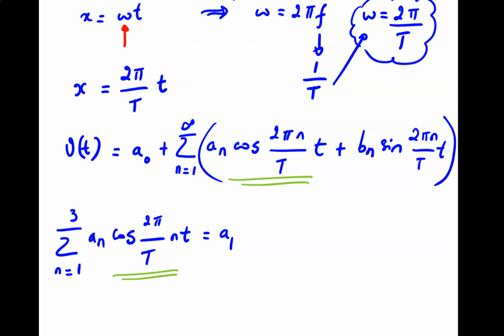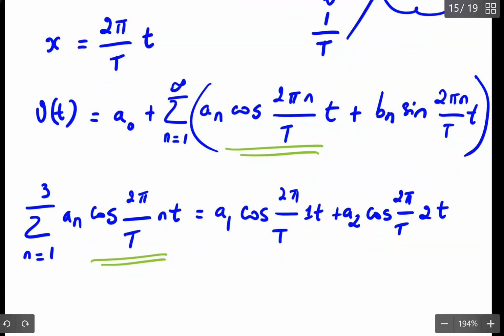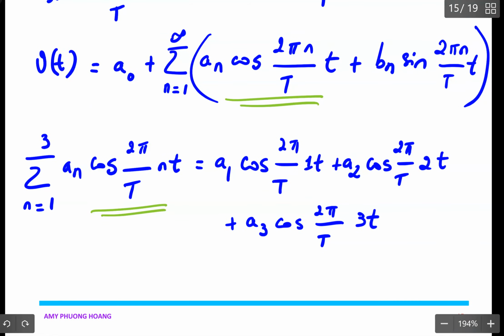When n equal to 1, I have a1 times cos of 2 pi over T times 1t. Then I add that with a2, where n is now 2, so cos of 2 pi over T times 2t. For 3, I should have a3, then cos of 2 pi over T times 3t. What you do next is take this number and multiply it in here, because it belongs to the argument.